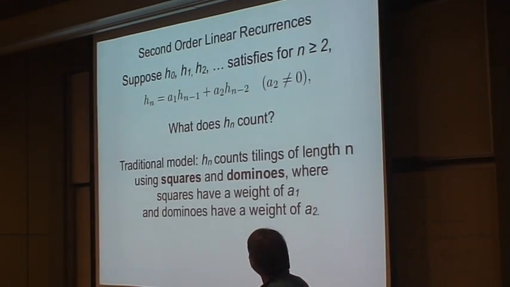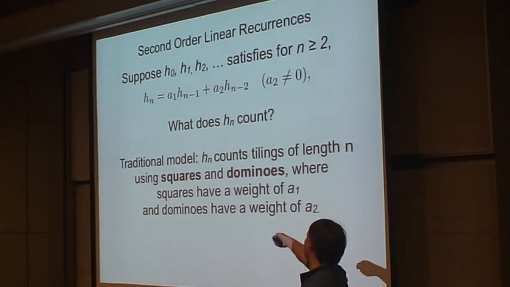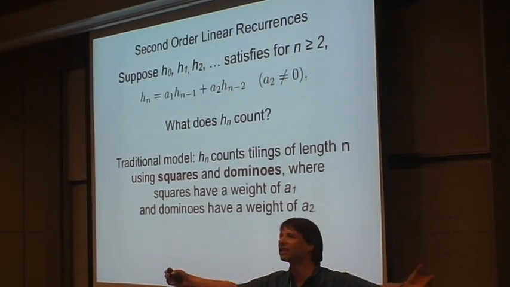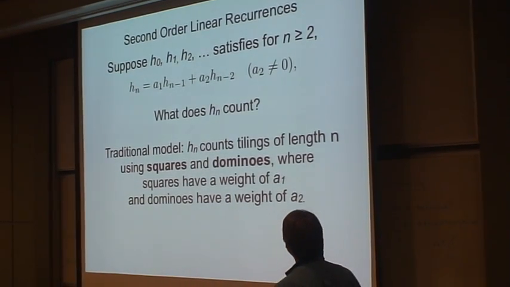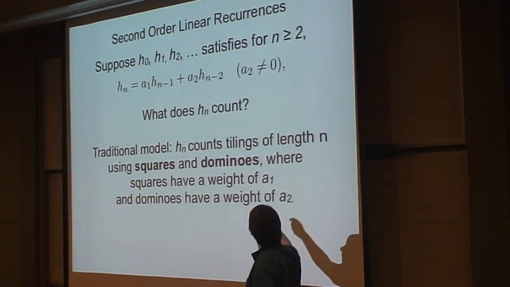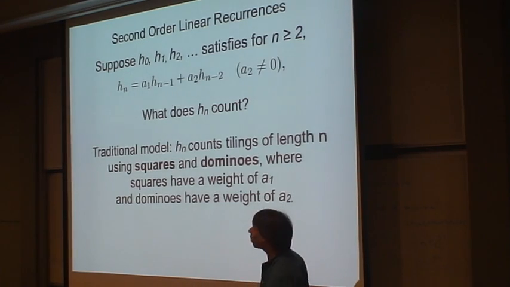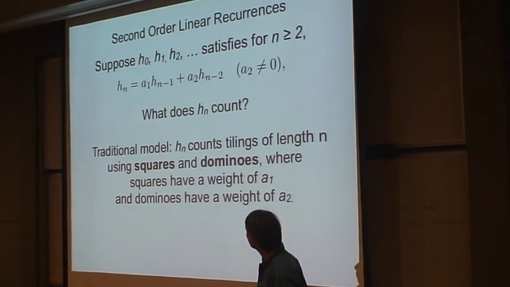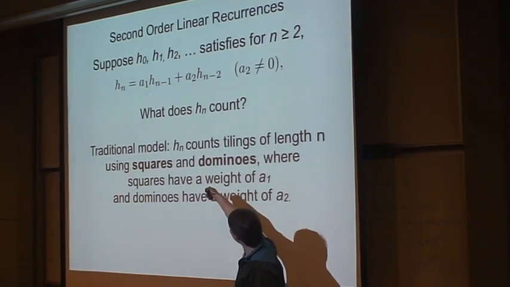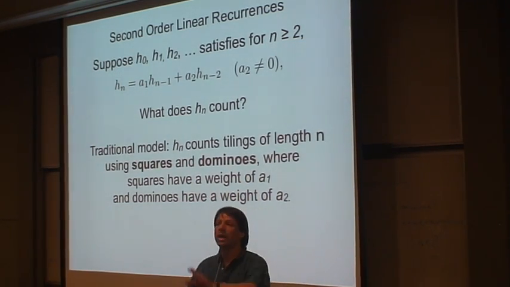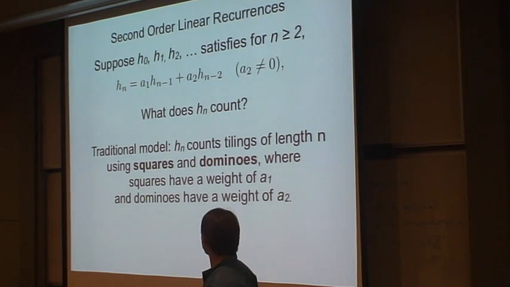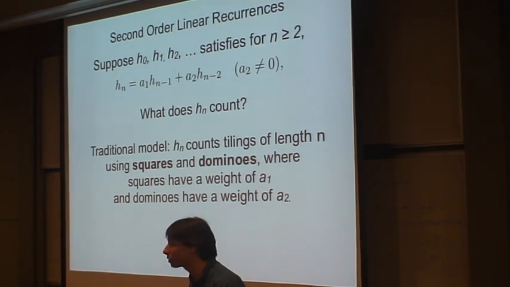Well, the traditional model is you say Hn is counting tilings of a strip, a board of length n, using squares and dominoes, where squares have length 1, dominoes have length 2, except we're going to give our squares a weight of a1, and our dominoes a weight of a2. That's the traditional model for these recurrences, but that doesn't get those roots into the picture.